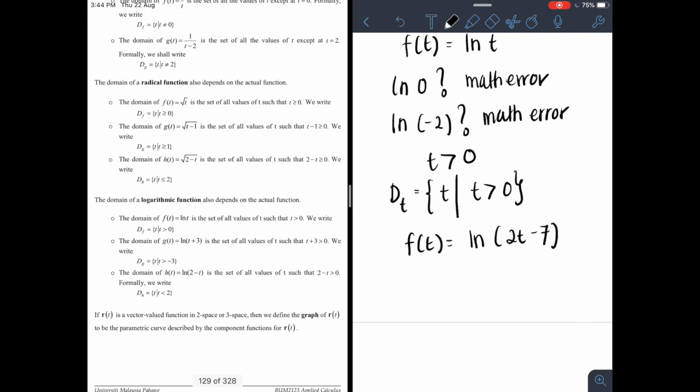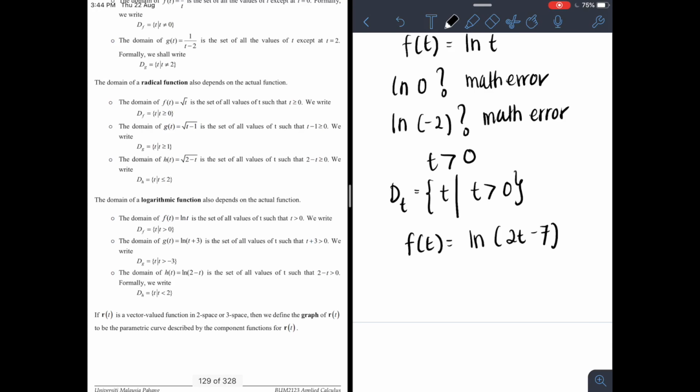Right now, since there exists ln notation inside your function, by right you can deduce that the given function belongs to logarithmic function. So you will know that the argument of the logarithmic function should always be larger than 0. So that is the only way that will make sure your logarithmic function is defined. So what should I do next?